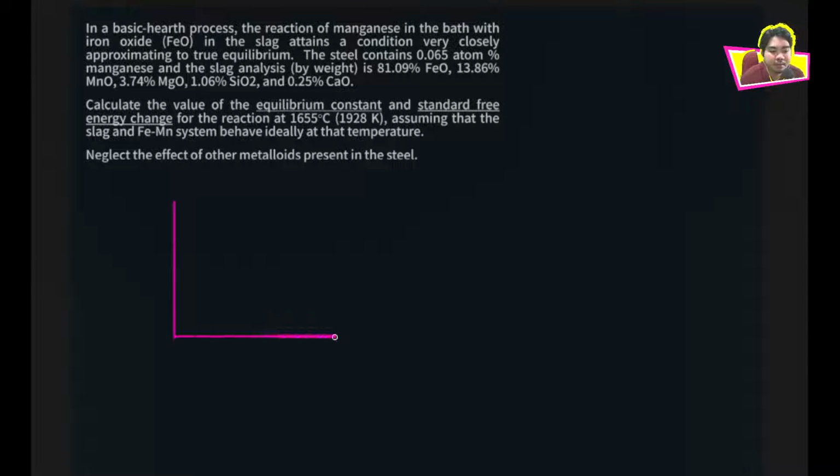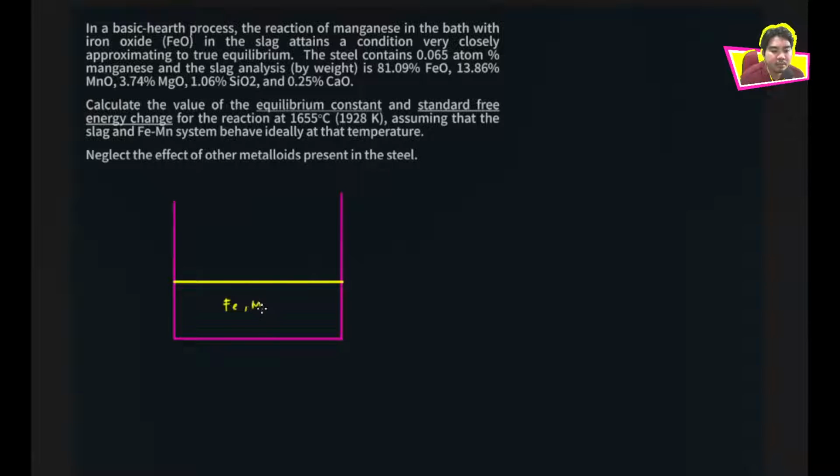So when we have a process na ganito, no? Ayan, okay na yun. So for example, meron tayong ganito, no? Tapos, this is our container or our hearth process. So ito na yung bath natin. Tapos, meron tayong two layers, no? Two distinct layers. So dito sa baba, we have our Fe manganese. So, dito yung Fe plus manganese na bath natin.